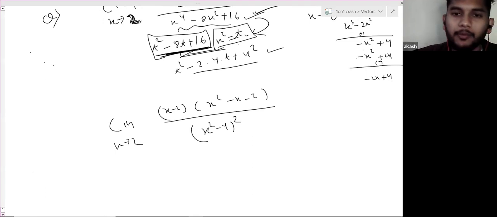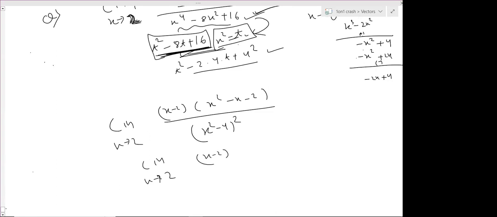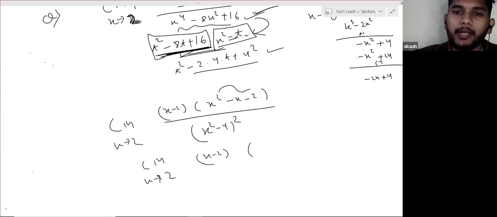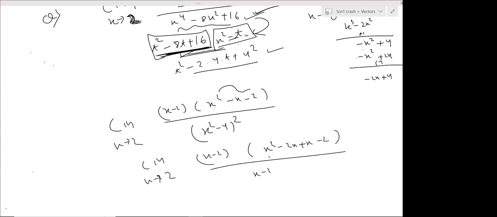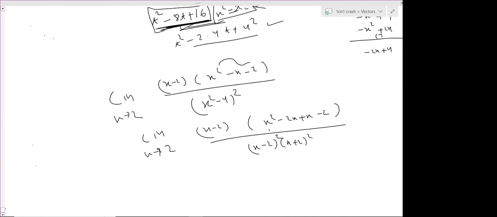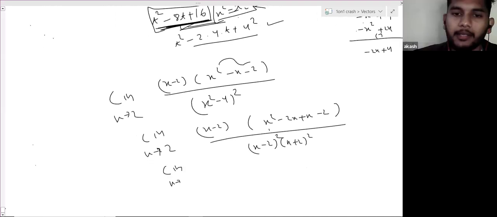So x square minus 4 we can again write as x minus 2 into x plus 2. And let's see if we can factorize this also: multiplying minus 2, addition minus x. So we can see x square minus 2x plus x minus 2, right? So limit x tending to 2.